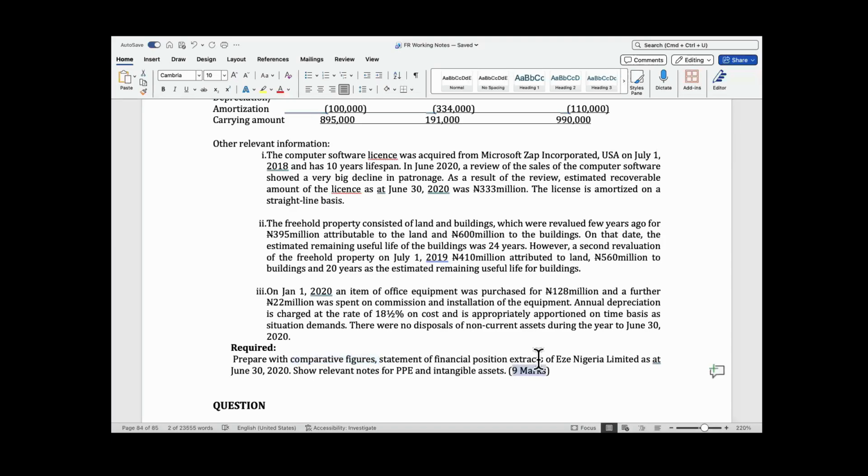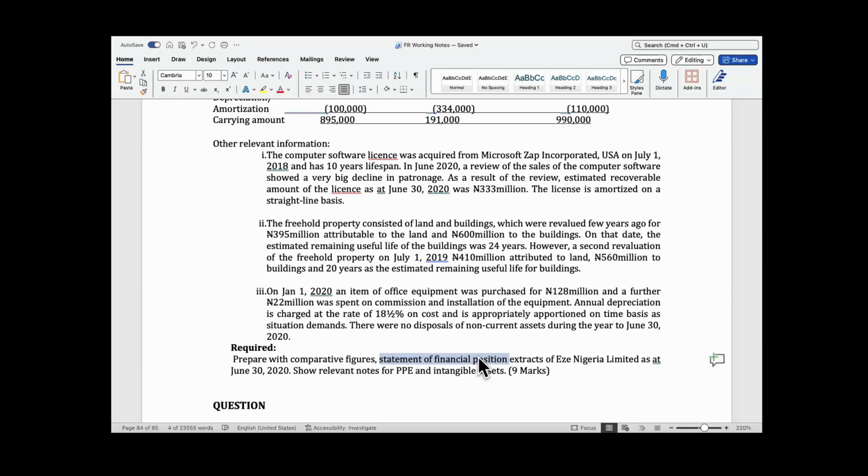So when they ask you for extracts, it means that you just put the relevant figures there, figures that you can see from the question. So you're not asked to prepare a complete statement of financial position. It's just an extract. So you should not now be looking out for that. It didn't balance. It's not supposed to balance. It is an extract.